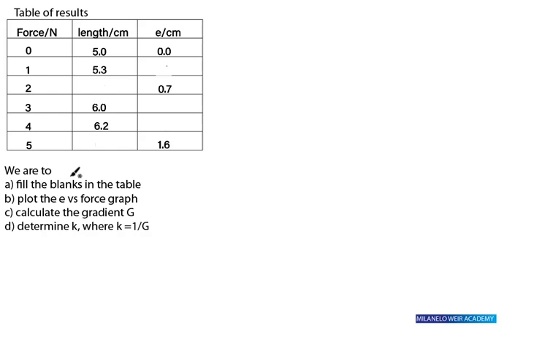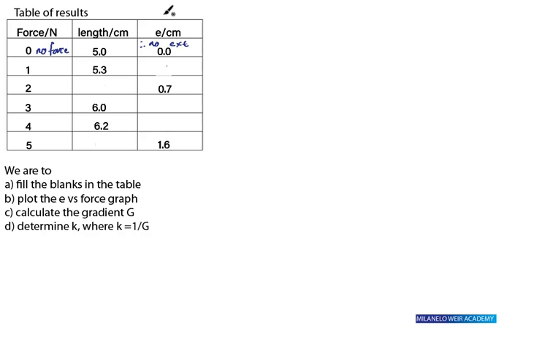Before we do that, we need to study our table of results. So here we have a force, so there is no force here. No force, therefore no extension. So no force, no extension, right?